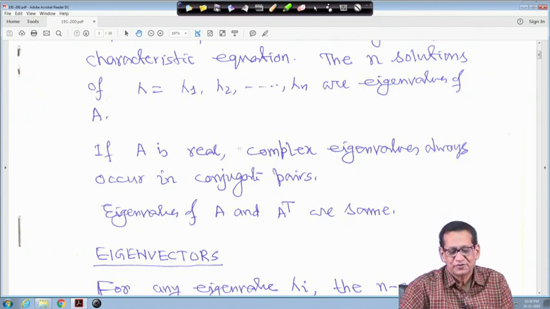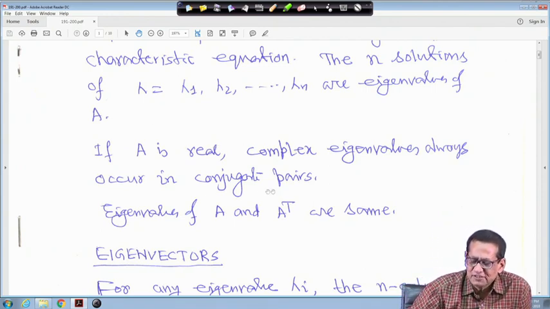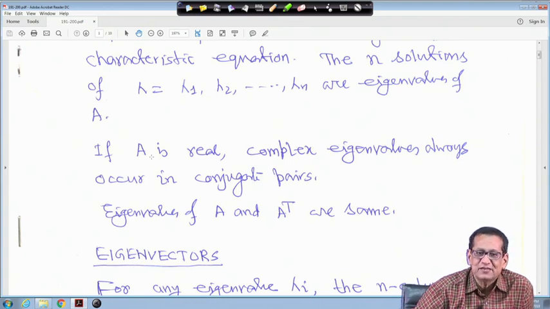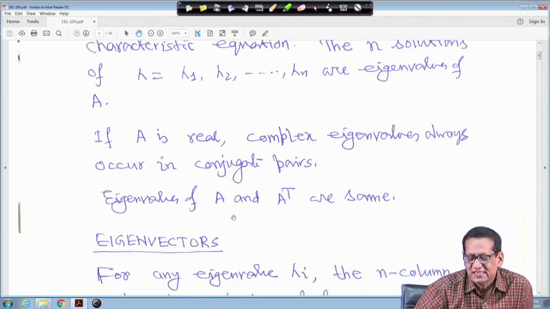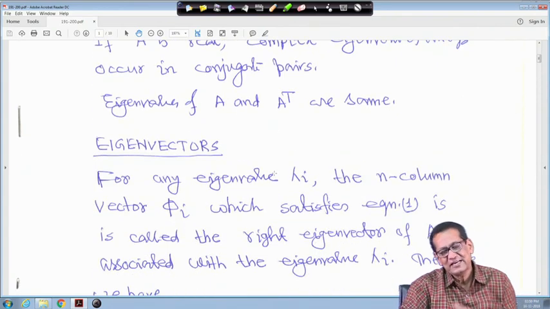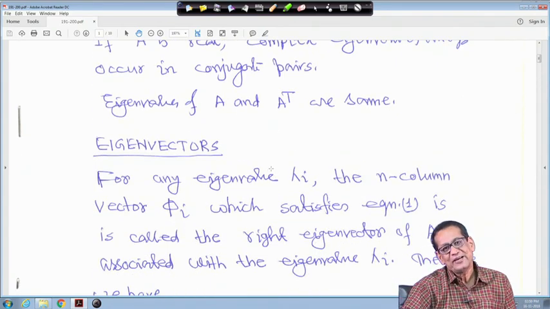In this case matrix A will never become symmetric, like Aij not equal to Aji for all cases. Another thing is that eigenvalues of A and A transpose are the same. Next we need both right eigenvectors as well as left eigenvectors.